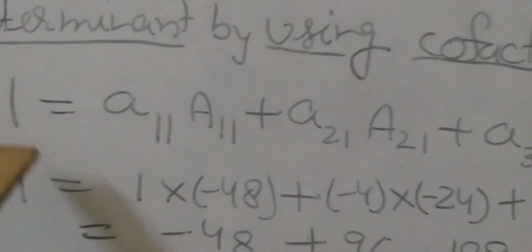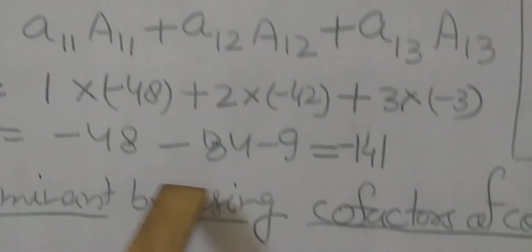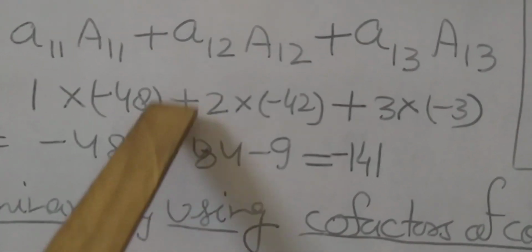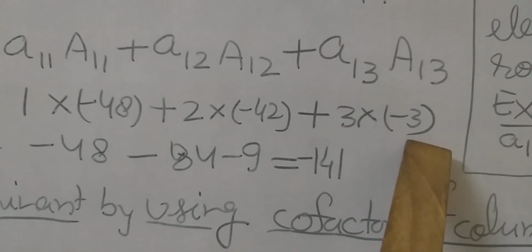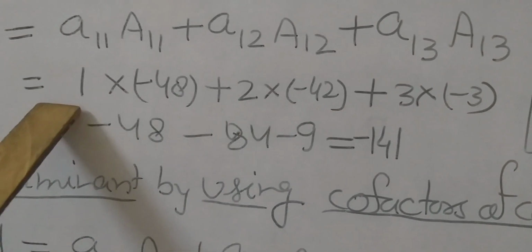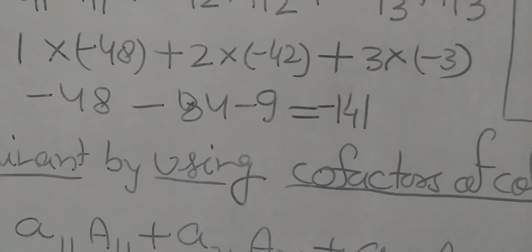So let us put the values: 1 into minus 48, plus 2 into minus 42, plus 3 into minus 3. Do the calculation, students: minus 48 minus 84 minus 9 equals minus 141.